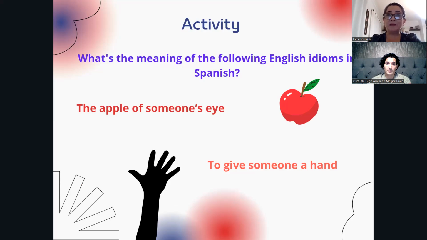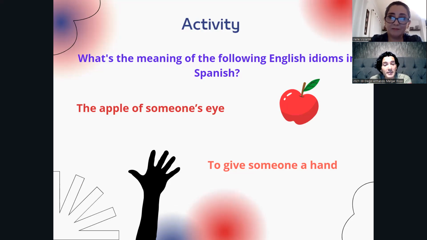Let's try to guess the meaning of the following English idioms in Spanish. I have to say, Diego, that they are very similar to some expressions that we have in Spanish. Okay, so the first one is the apple of someone's eye. Do you know what the meaning is? Well, I can translate it, teacher.